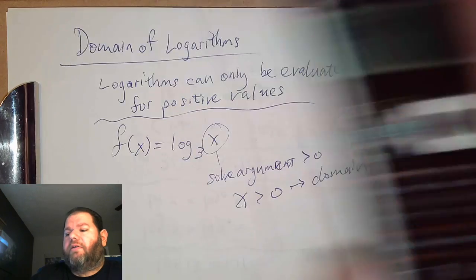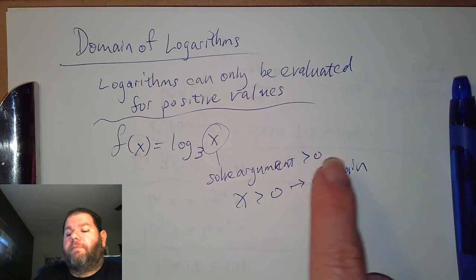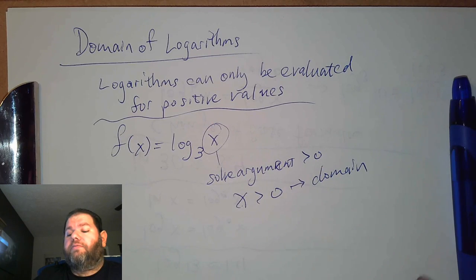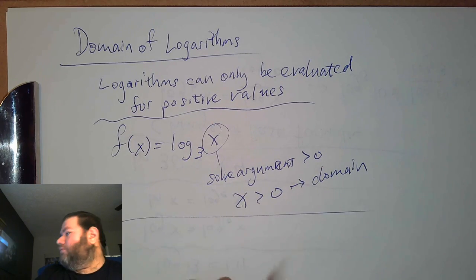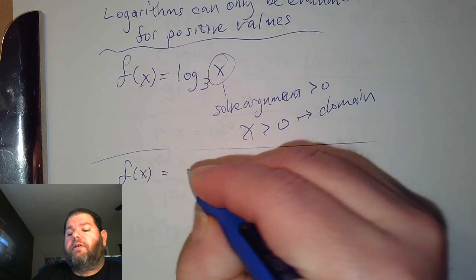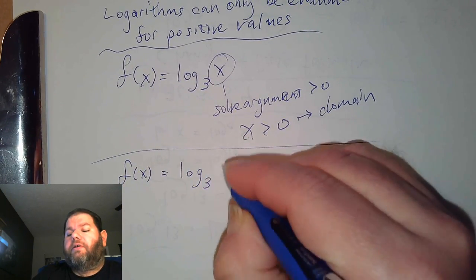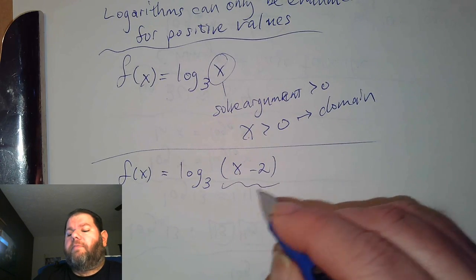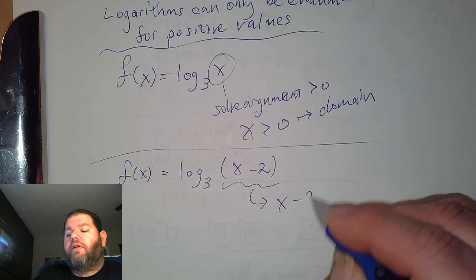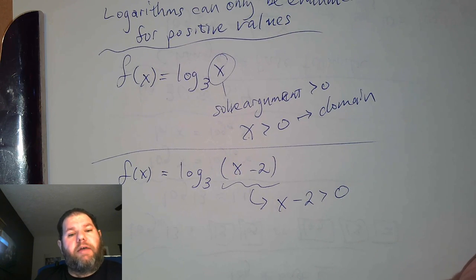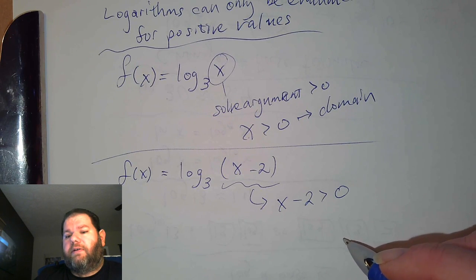Okay, so the value that we take the logarithm of has to be bigger than 0. So, if f of x happens to be log base 3 of x minus 2, then we'll take that x minus 2 and set that greater than 0. We'll solve for x, and then we'll have the domain. So what is the domain in this case?